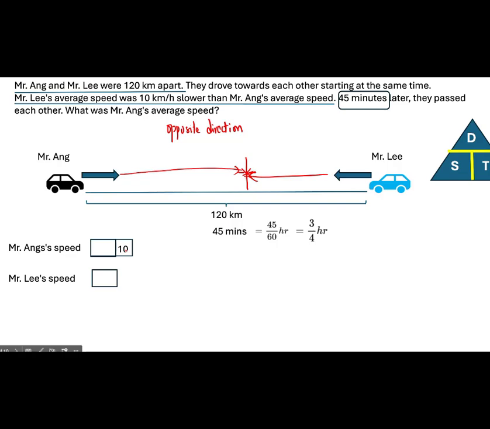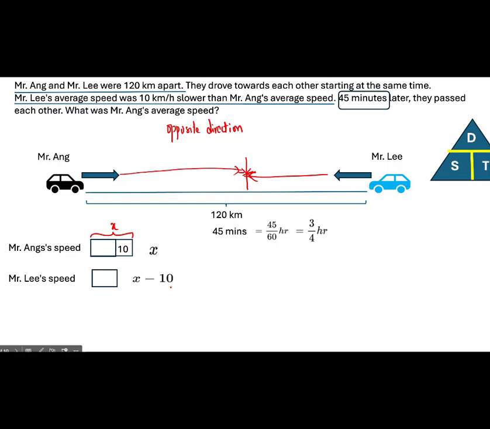Now in algebra, you could represent Mr. Ang's speed first with x. If this whole thing here, this entire value here, if this whole thing is x, then how much is this? This is x minus away this 10. So that Mr. Lee's speed will be x minus 10.